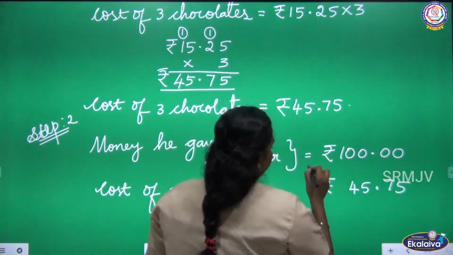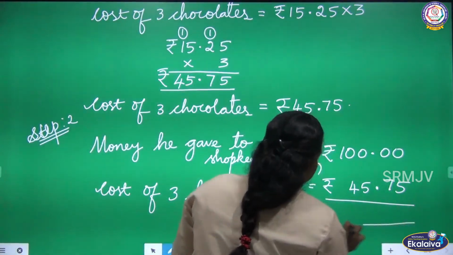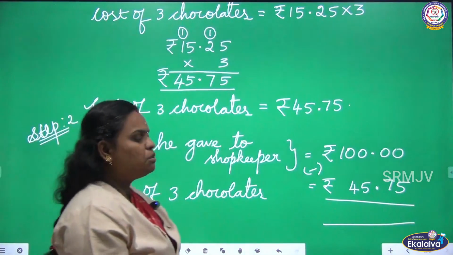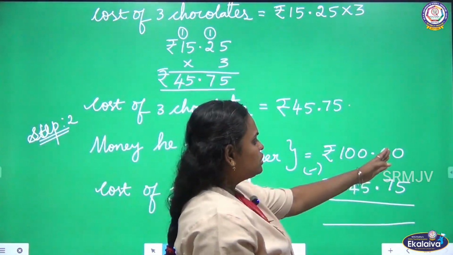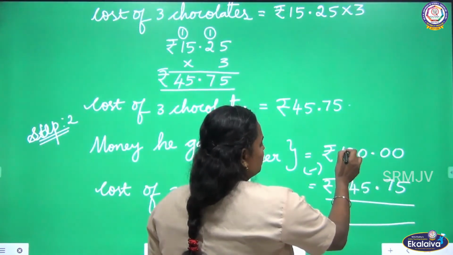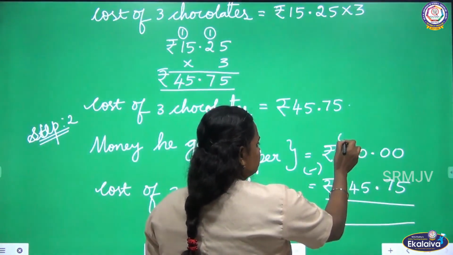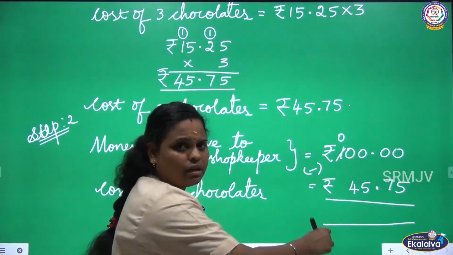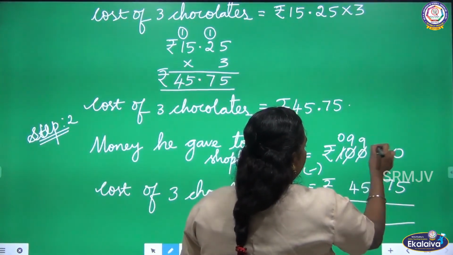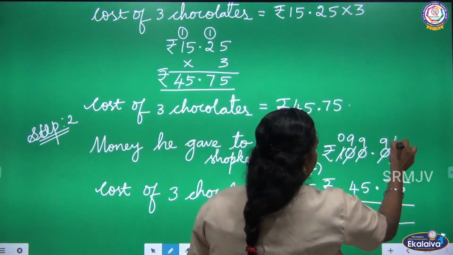So we are going to subtract and then find out the answer. So how much he will get back from the shopkeeper? So what is 0 minus 5? So we can't subtract, so we have to borrow from the before number. So from 1 we can borrow, so 1 becomes 0, it becomes 10. Again if you are borrowing, it becomes 9, 9, 9, then 10.